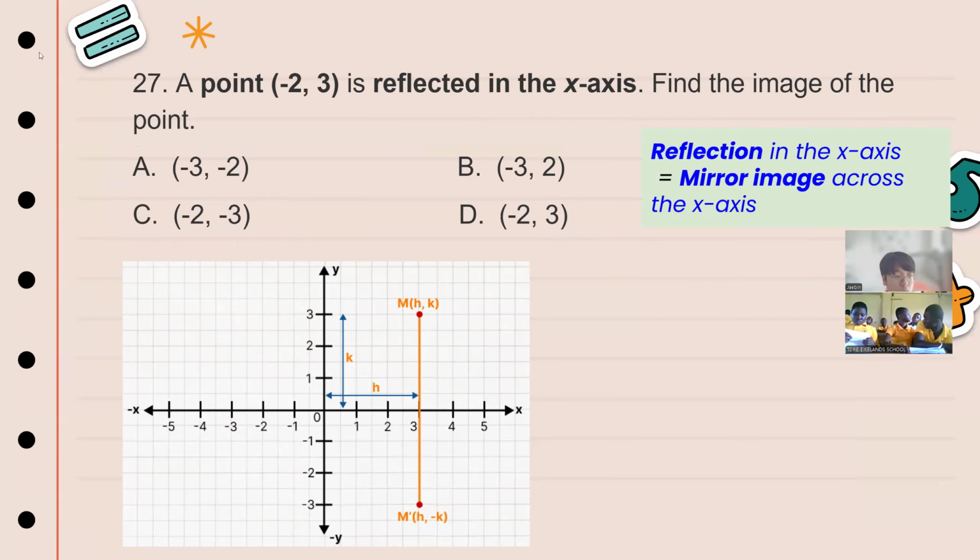So next question 27. A point -3, comma 3 is reflected in the x-axis. Find the image of the point. This concept might be new for some of you.